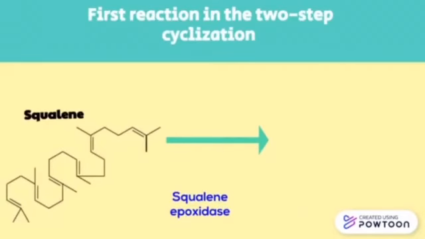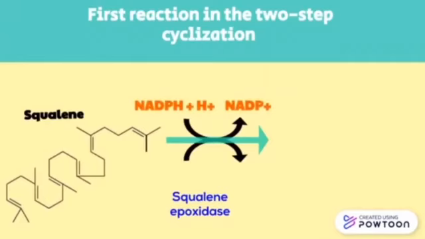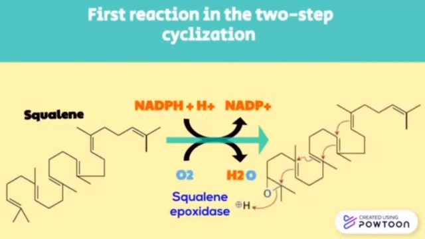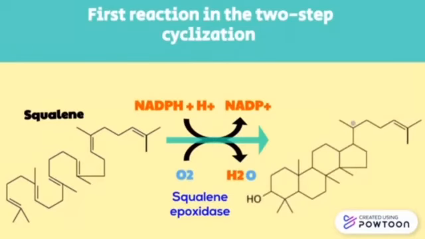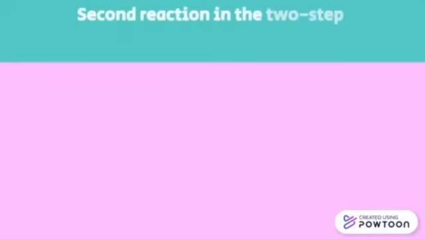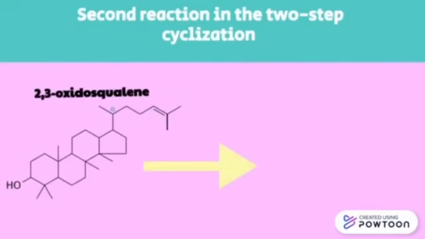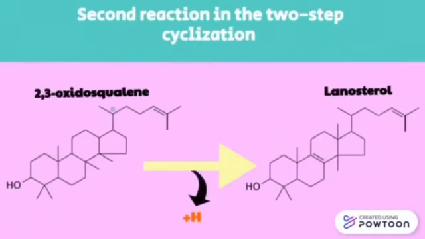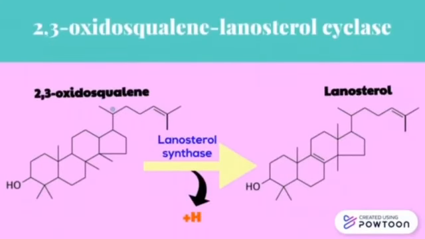Squalene epoxidase uses NADPH as a cofactor to introduce molecular oxygen as an epoxide at the 2,3 position of the squalene. This forms the intermediate 2,3-oxidosqualene. Next, during the second step in this 2-step cyclization, the epoxide intermediate is converted to lanosterol through the action of an enzyme called lanosterol synthase.